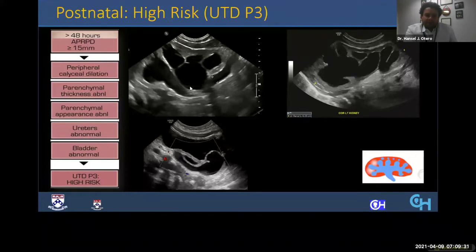And if you have abnormal bladder, or in this case, a ureterocele, then it also makes a high risk, again, a P3. The other thing that can make it P3, even if it's not as ugly and dilated as this kidney, is if you have, again, parenchymal abnormalities such as cyst.